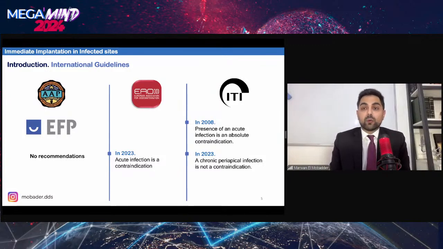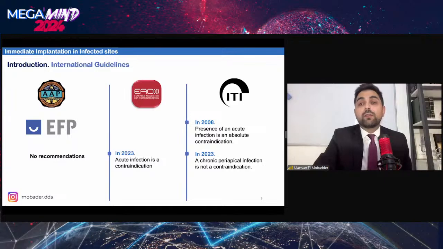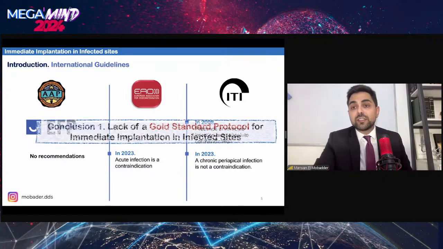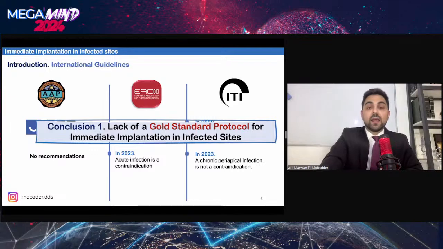Here we can ask a question: what about periapical granulomas? What about periodontal abscess? So it's missing. They are talking only about periapical infection. So maybe the first conclusion of my presentation is that until today, there is a lack of a gold standard protocol when it comes to immediate implantation in infected sites.